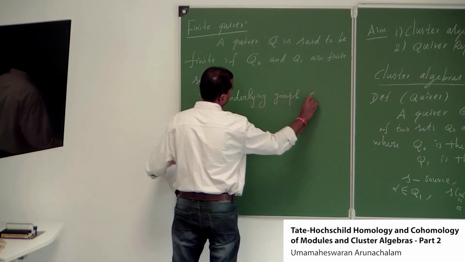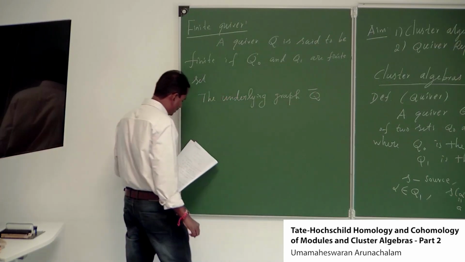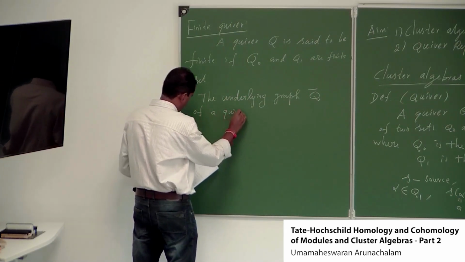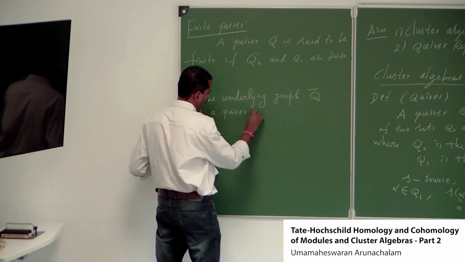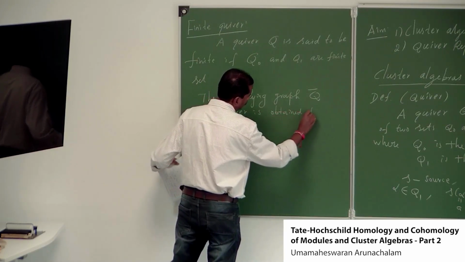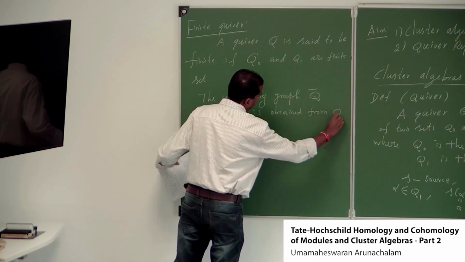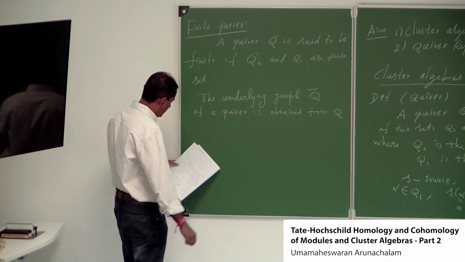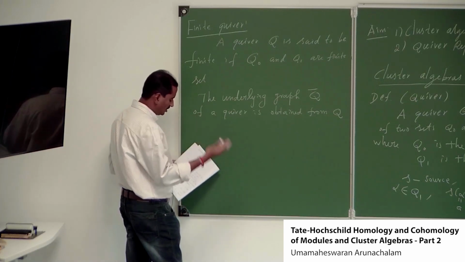Next, the underlying graph Q bar of a quiver is obtained from Q by forgetting the orientation of the arrows.